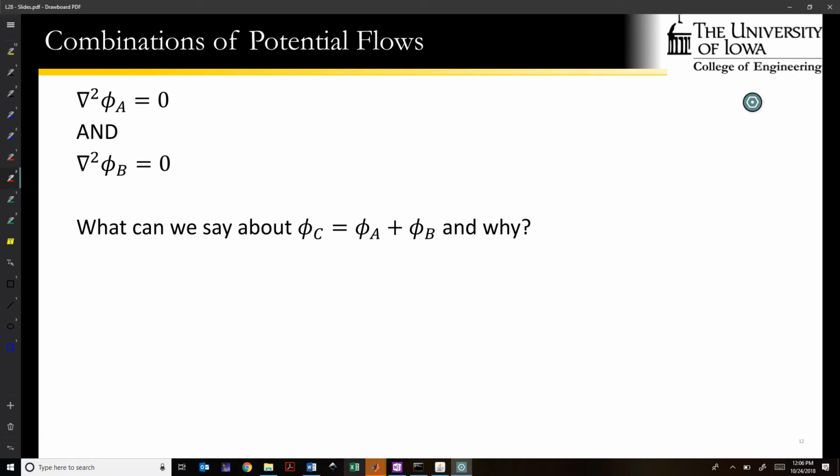If we say that we've got some potential function phi a, and some potential function phi b, and they both satisfy this Laplace equation, are we able to say anything about some new potential function we make by summing those two together? Is it also going to satisfy the Laplace equation?